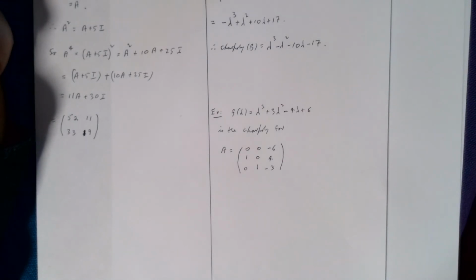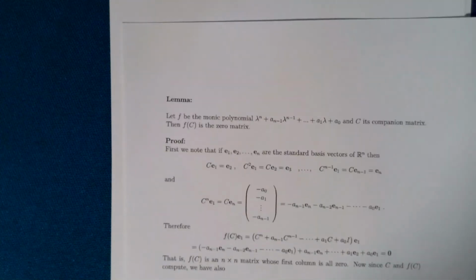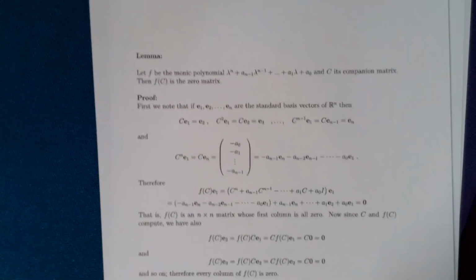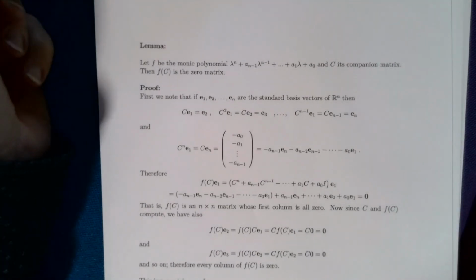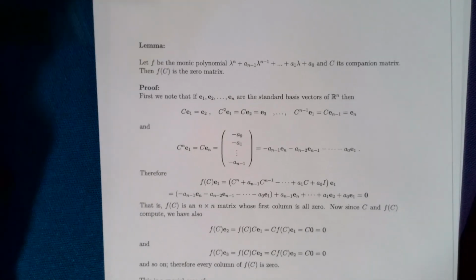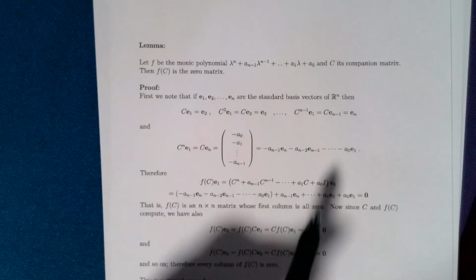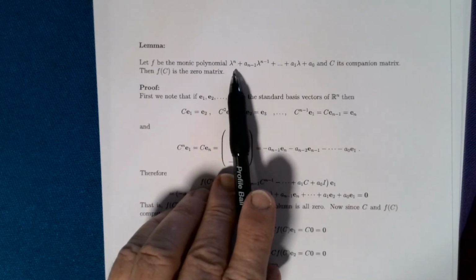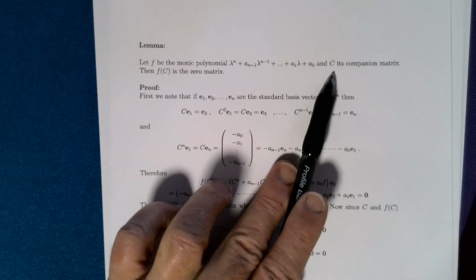Now, just coming back to our main question about seeing whether the matrix satisfies these polynomials, in this little lemma, which I will go through the proof of here, it's worth doing, it's not that difficult. Here we're going to take f to be a monic polynomial of degree n, there it is, and C is its companion matrix.